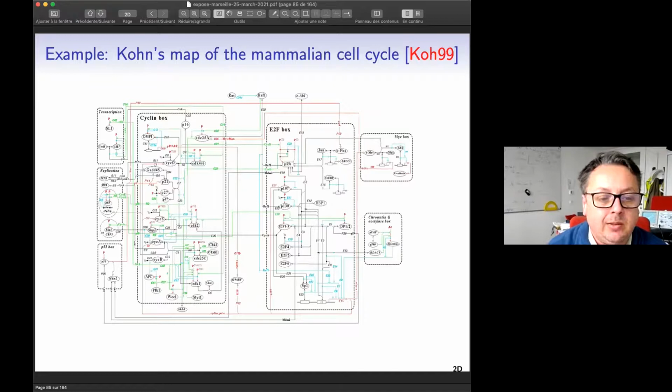Here I'm drawing something that I don't really understand, but this is taken from a paper where you see the so-called Kohn map of the mammalian cell cycle. Just to say, this is a graphical language used in biology to describe big ordinary differential equations. Here, if I remember well, there are 732 variables described by this graphical language.